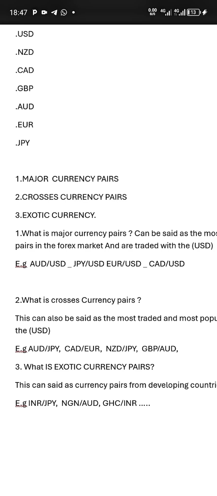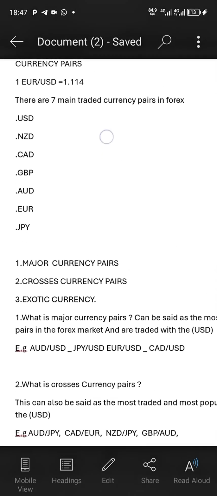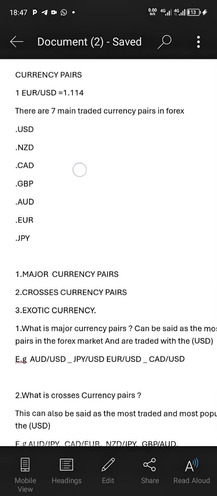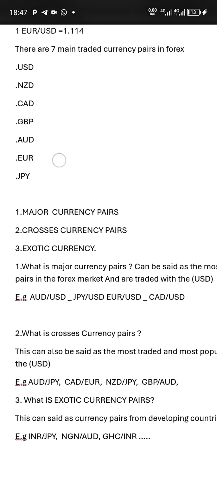Without those currency pairs, you cannot trade forex at all. If you use other currencies to trade forex, you are just wasting your money, because these are the head of the forex markets. So these seven now are the major currency pairs traded in forex.